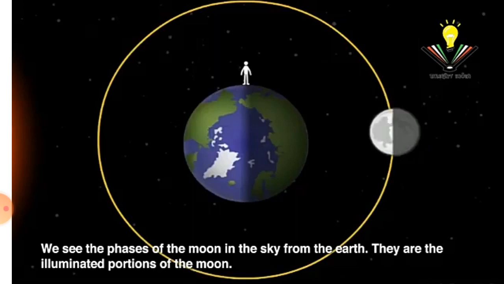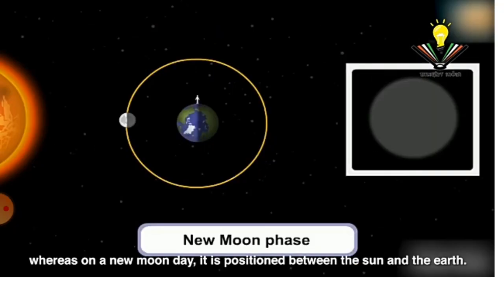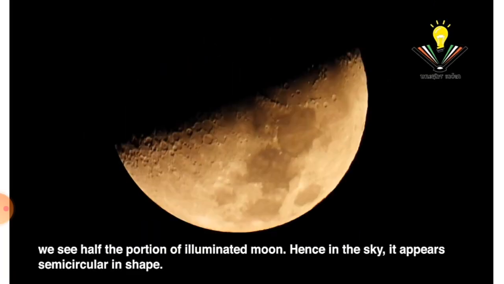On the first and the third quarter days, the moon, the earth and the sun make an angle of 90 degree. At these positions, we see half the portion of illuminated moon.